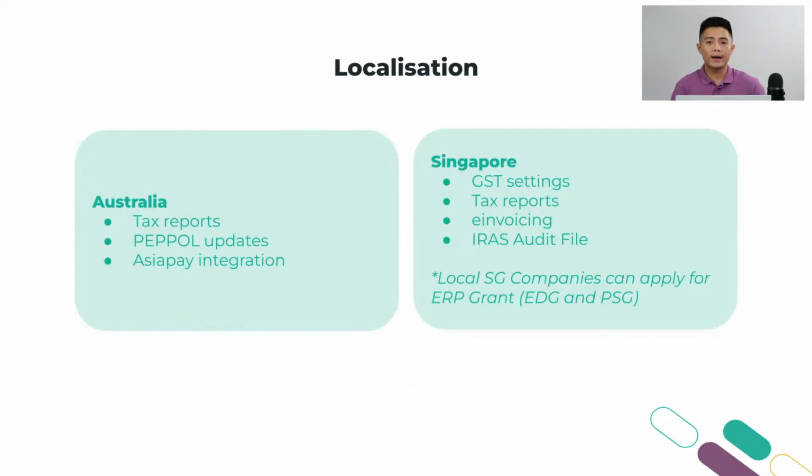Okay, going back to the localizations I have just mentioned, we have available localization in Singapore and in Australia. For Singapore, we have GST settings, tax reports, e-invoicing, and the IRAS audit file. Again, these localizations, when it comes to accounting, are readily available in your Odoo Enterprise version.